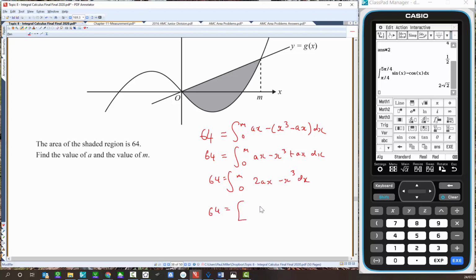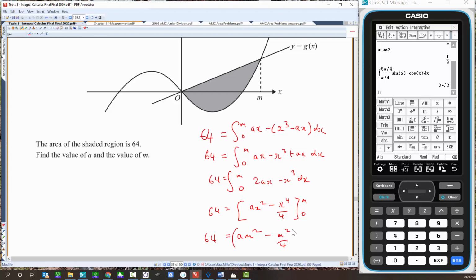64 equals up by 1, which is 2, divide by 2, ax squared. Up by 1 is 4 over 4, between m and 0. 64 equals, let's pop m in, am squared, take away m to the 4 on 4.